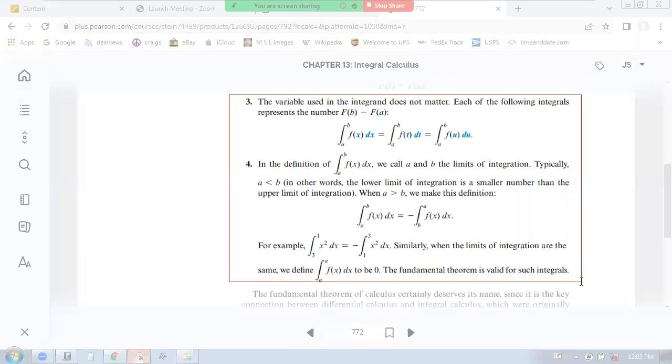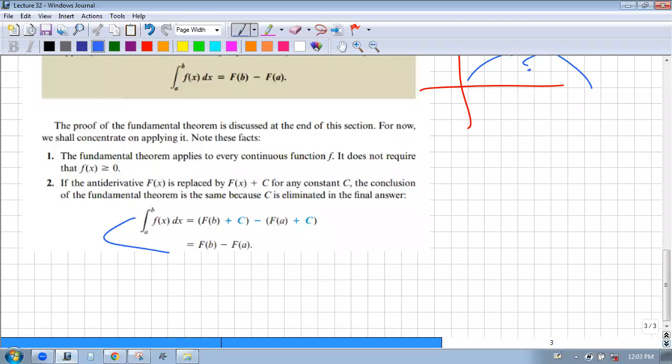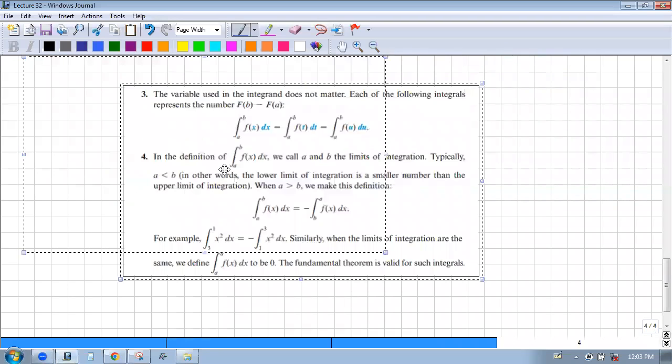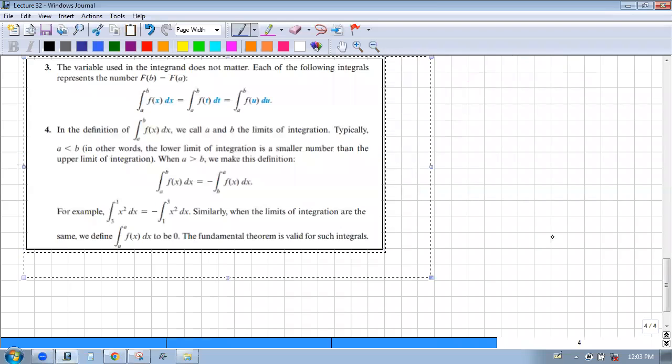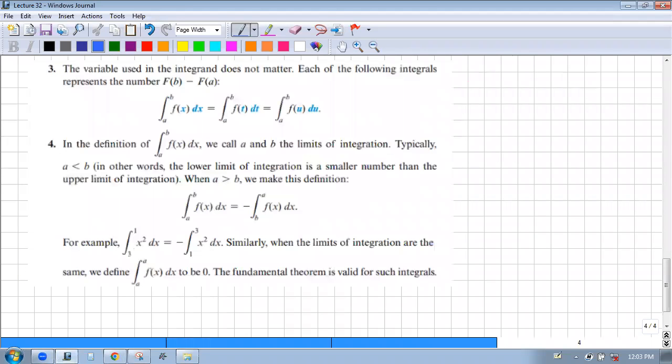Here, we go down to here. And what they're saying here, number 3, is it doesn't matter what you call your variable, right? Because in the end, this is going to be a number. There's not going to be any letters. This is going to be big F of B minus big F of A. You're going to evaluate it. So you're going to get a number. So it doesn't matter what you call your variable. Okay.